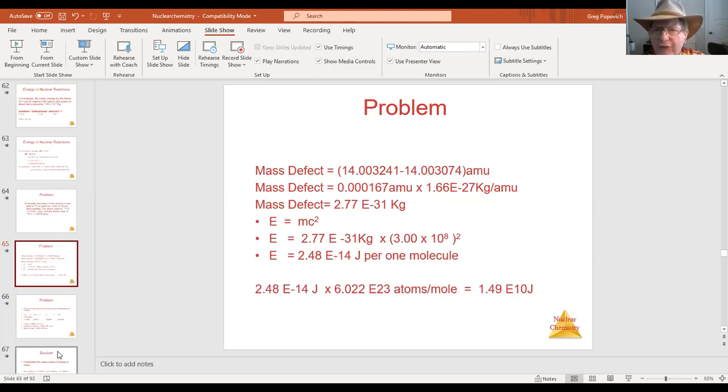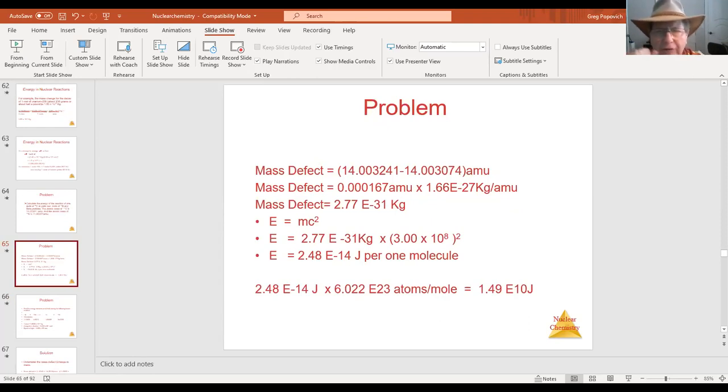My mass defect, the amount of mass that I lost, is equal to 0.000167 AMUs. I have to turn this into kilograms. Multiply it by 1.66 times 10 to the minus 27th kilograms per AMU. I've got my mass defect of 2.7 times 10 to the minus 31 kilograms.